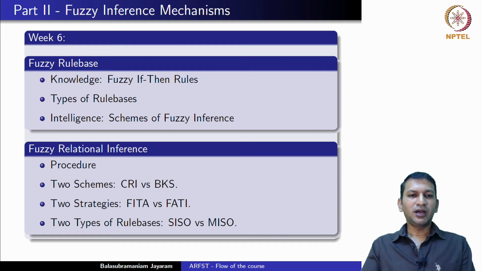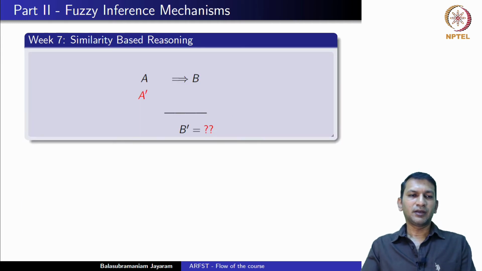There is also another type of fuzzy inference mechanism called similarity-based reasoning. Once again, look at this. This is the general schema of generalized modus ponens.